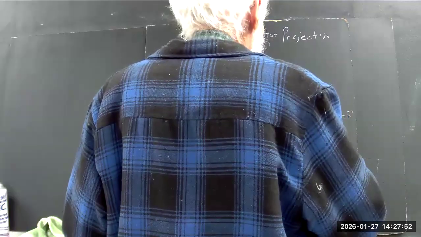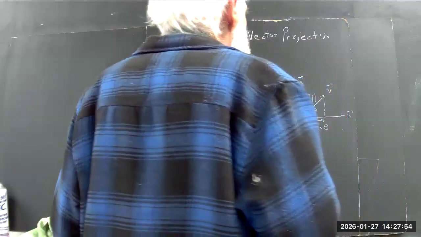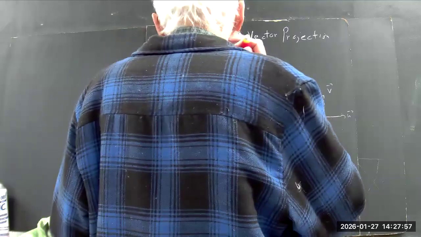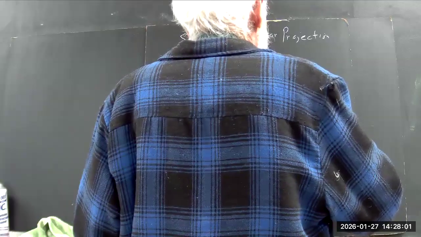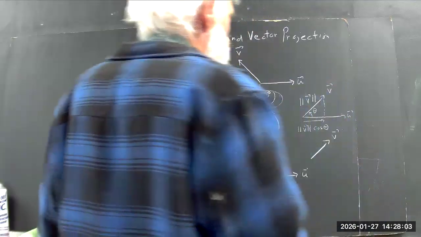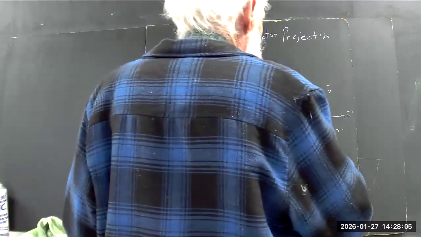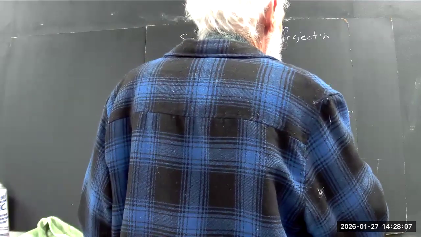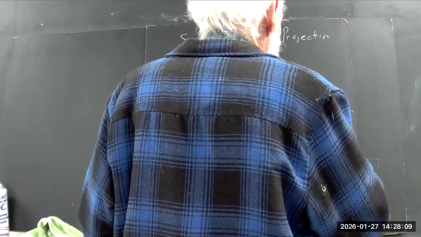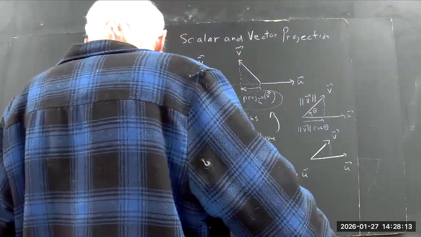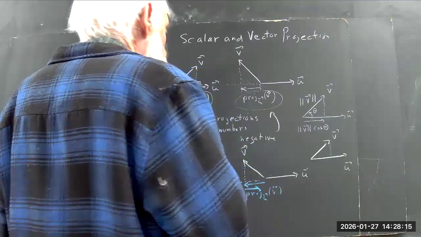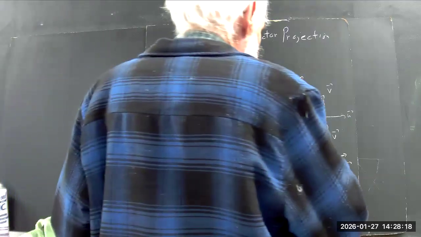If we want the vector projection, we have to do just a little bit of work. Again, I'll sketch v, I'll sketch the vector u and the projection line. And then I'm going to sketch a unit vector in the direction of u.